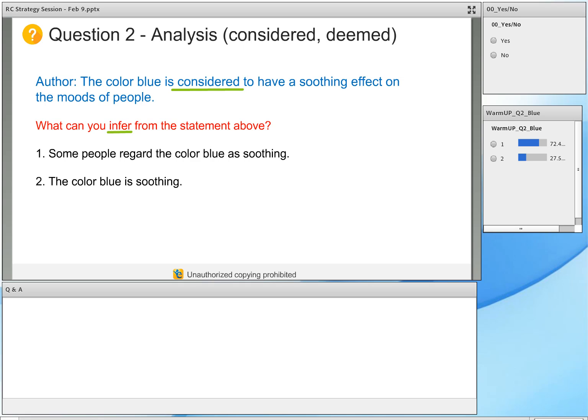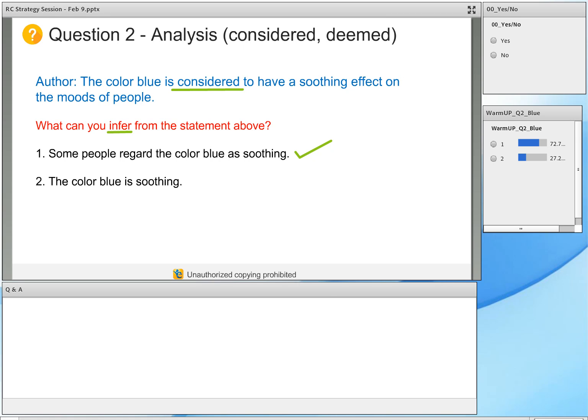Because he's saying that only some people think that color blue is soothing, we cannot infer that the color blue is soothing. The only thing that we can infer is that some people regard the color blue as soothing. Now, if the author said the color blue is considered to have a soothing effect on the moods of most people, and rightly so, then the author has given his viewpoint also.